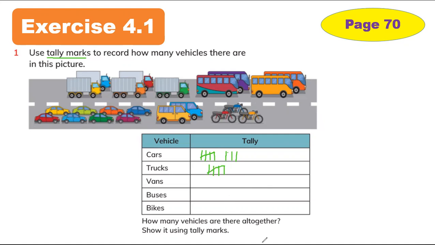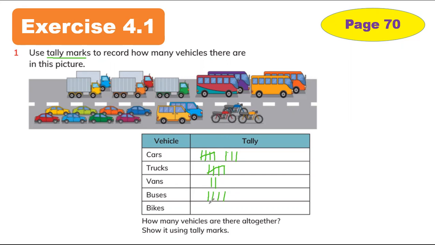Okay, I think you got the point. Okay, vans. How many vans are in the picture? 1 and 2. Just add 2 lines. Buses. How many buses are in the picture? 1, 2, 3, 4. There are 4 buses in the picture. Let's look at the bikes. 1, 2, 3.